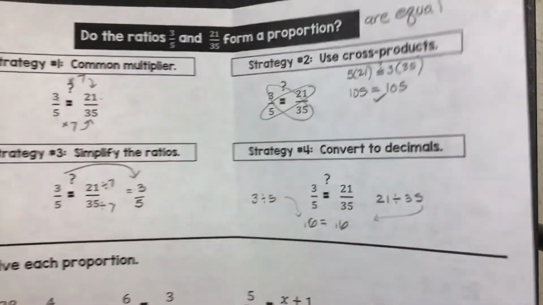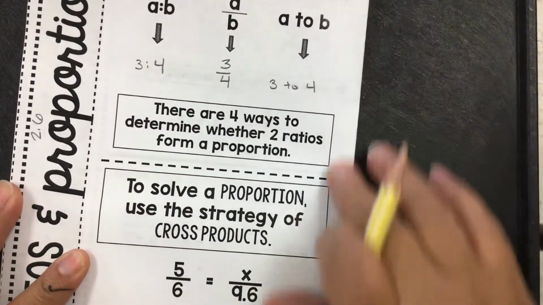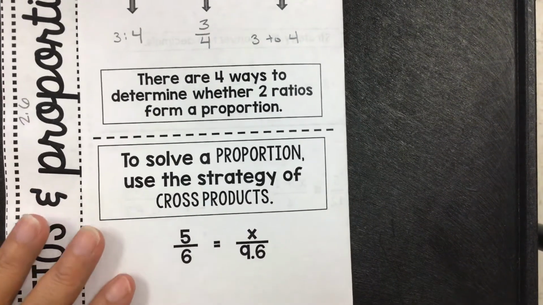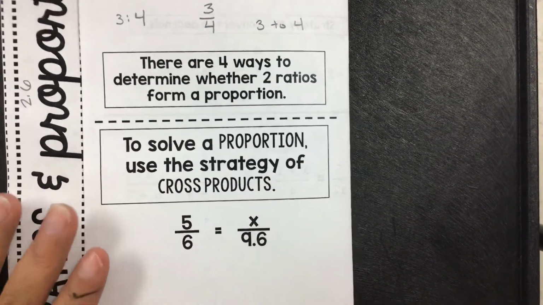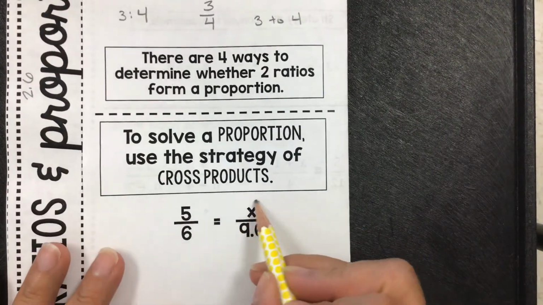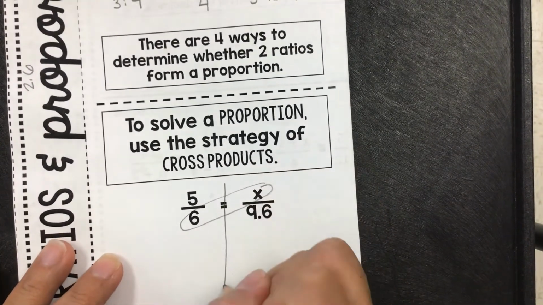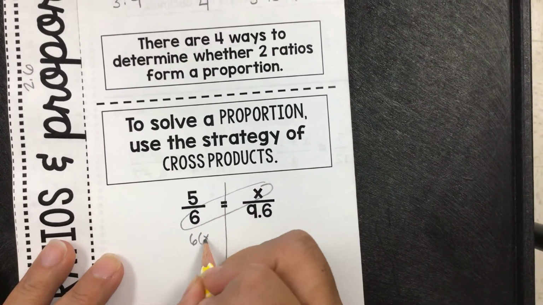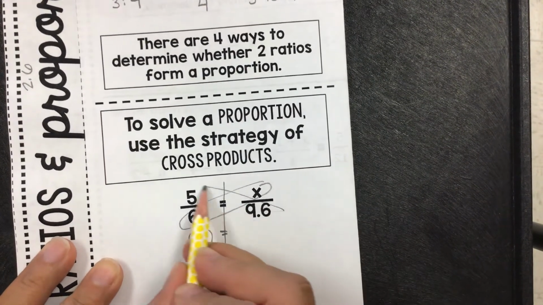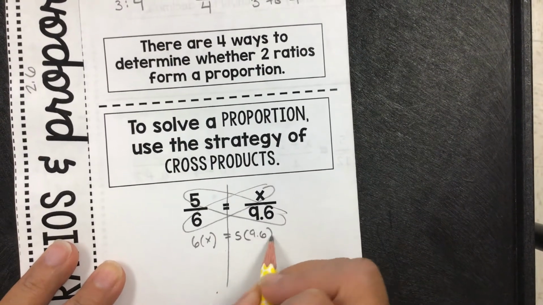The other part of this handout is to solve a proportion. To solve a proportion, use the strategy of cross multiplying. And the reason that you want to do that is because on these ones they have variables. We're going to cross multiply 6 and x. Let me draw the line. 6 times x is equal to 5 times 9.6.